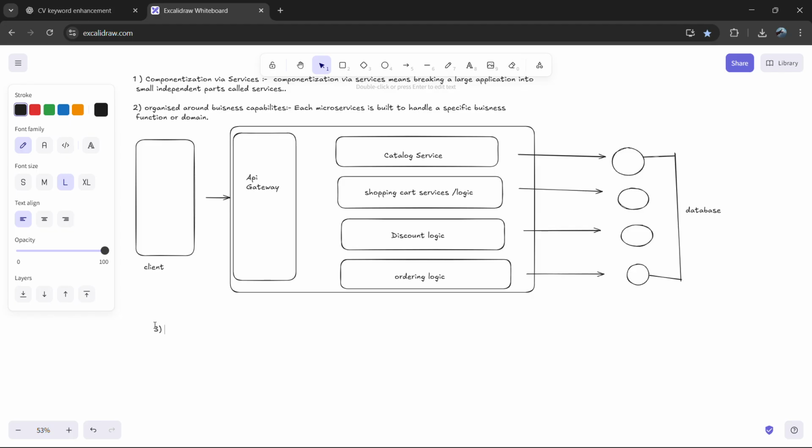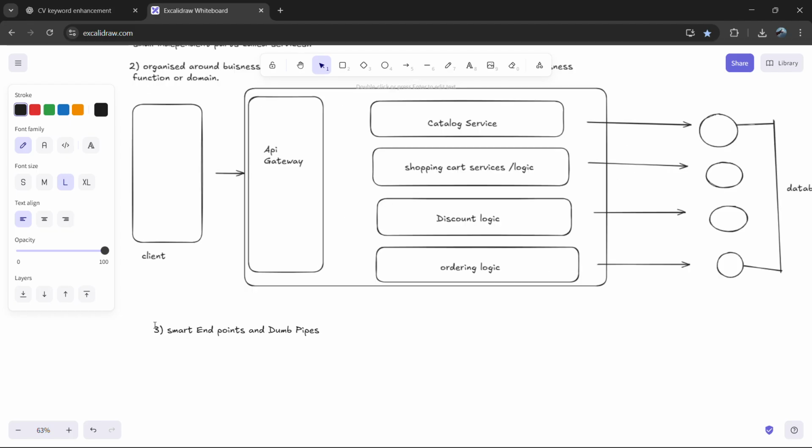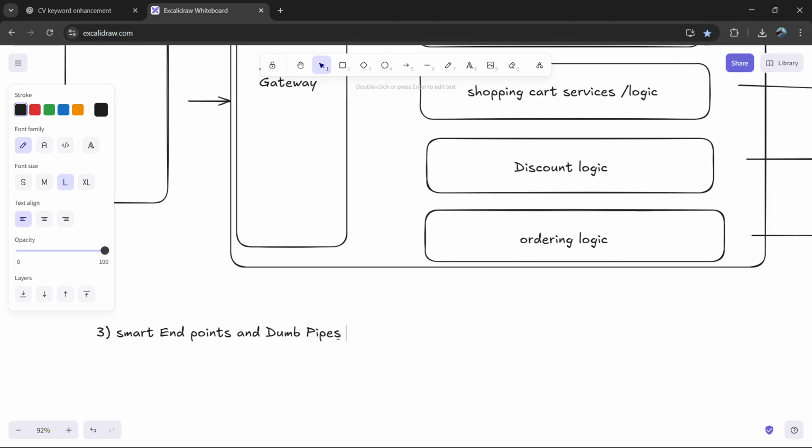So the third point is smart endpoints and dumb pipes. So what does this point say? Listen carefully.